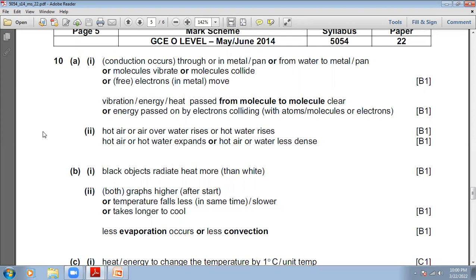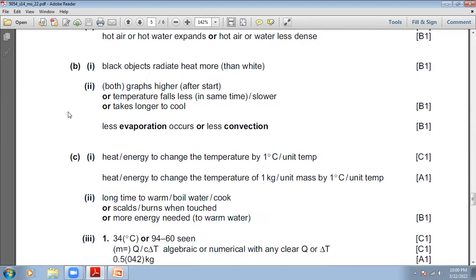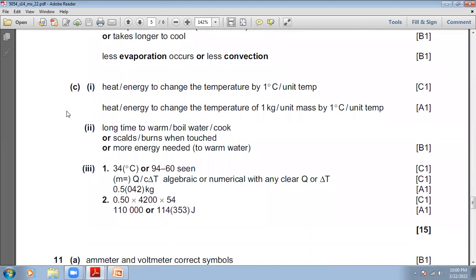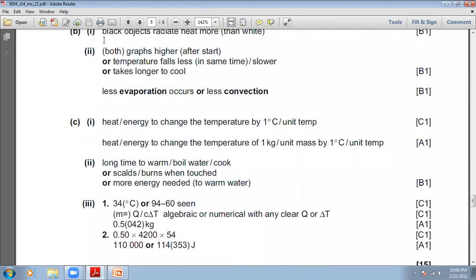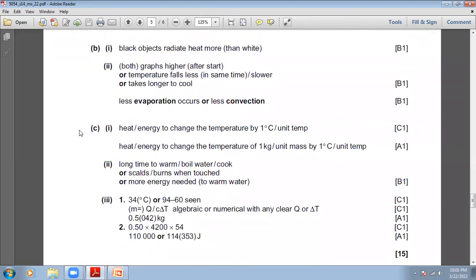It's a very important habit. You are not supposed to think that our teacher is giving this answer, so it's perfect. No, always check the answer, compare it with the marking scheme.